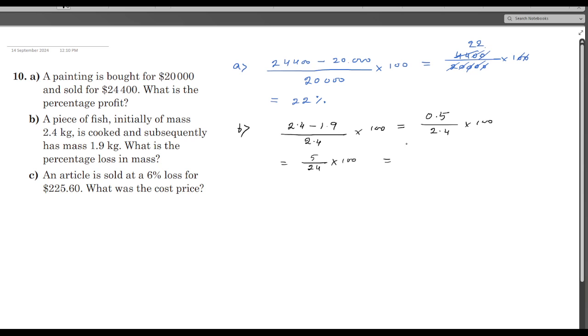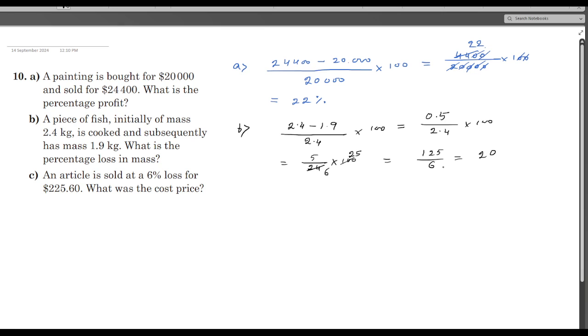Okay, so 4 times 2 is 8, and 24 times 5 is 100, and here 4 times 6, so 25, 5 times 25 is 125. 125 divided by 6. In mixed fraction, if I write, it is 6 times 2, 12.